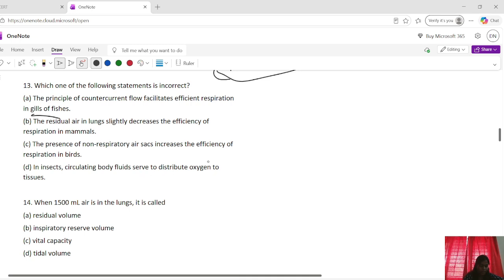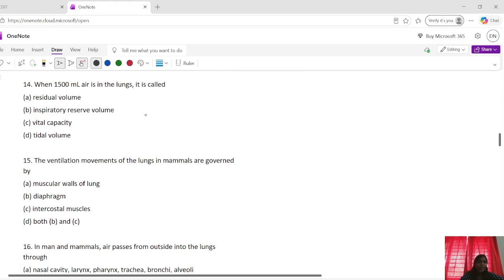So, which of them is wrong here? B. So, why B? No, the residual amount of air present in the lungs actually increases the efficiency of respiration in mammals. Okay. Now, the air remaining in the lungs is called residual volume.